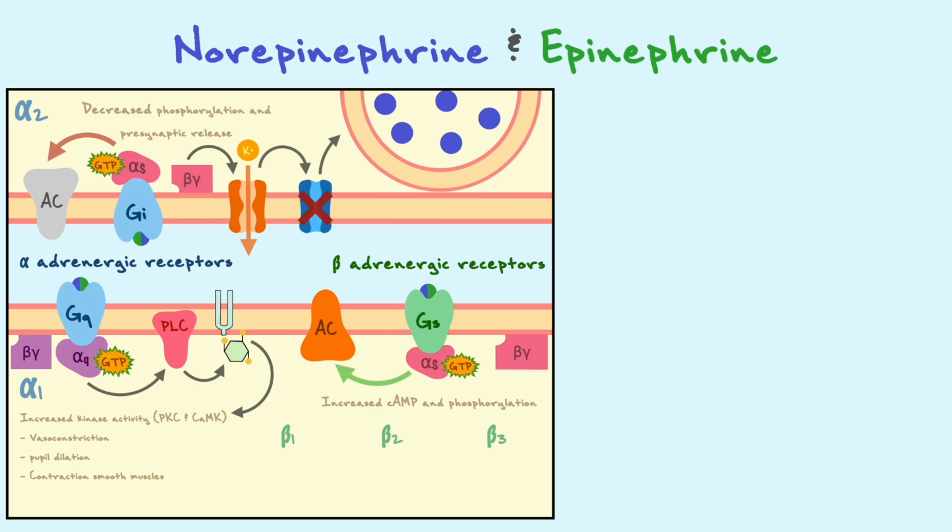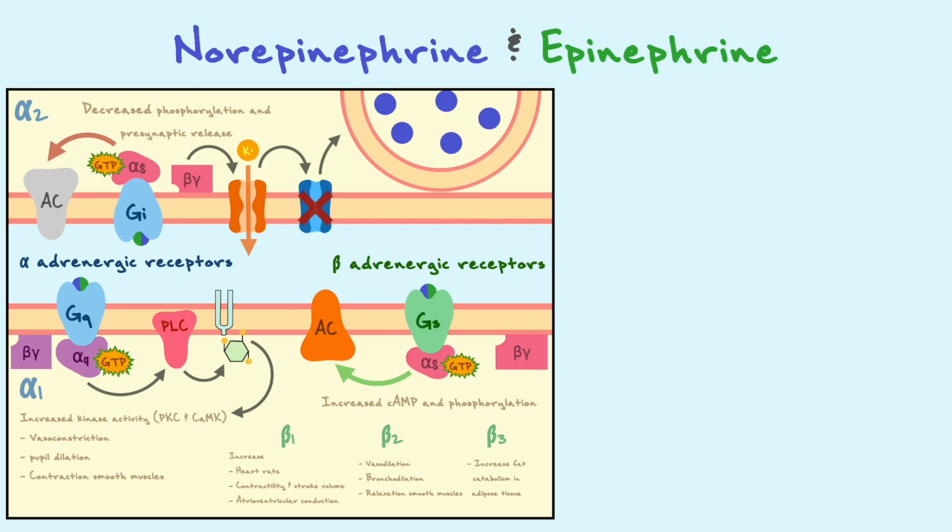Beta-1 receptors are mostly expressed in the heart. Their activation leads to an increase in heart rate, contractility, stroke volume, and atrioventricular conduction. Beta-2 receptors are responsible for vasodilation, bronchodilation, and the relaxation of smooth muscles. Beta-3 receptors are found in adipose tissue, and their activation leads to an increase in fat catabolism.